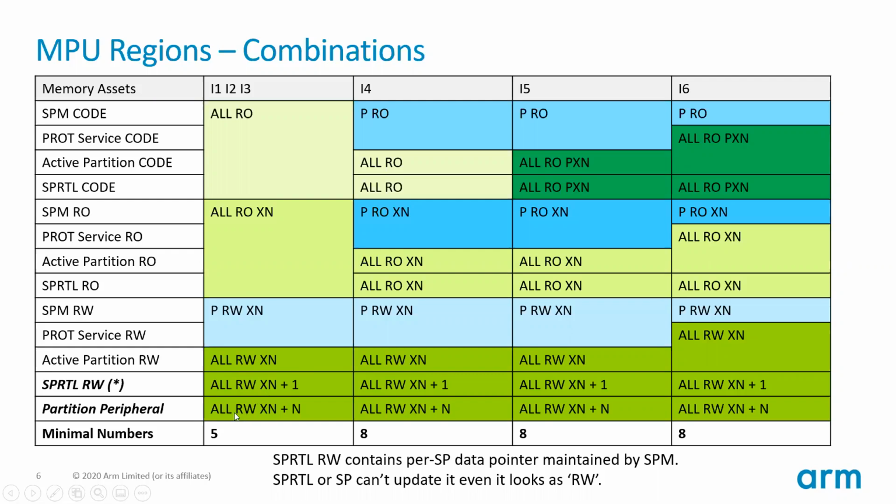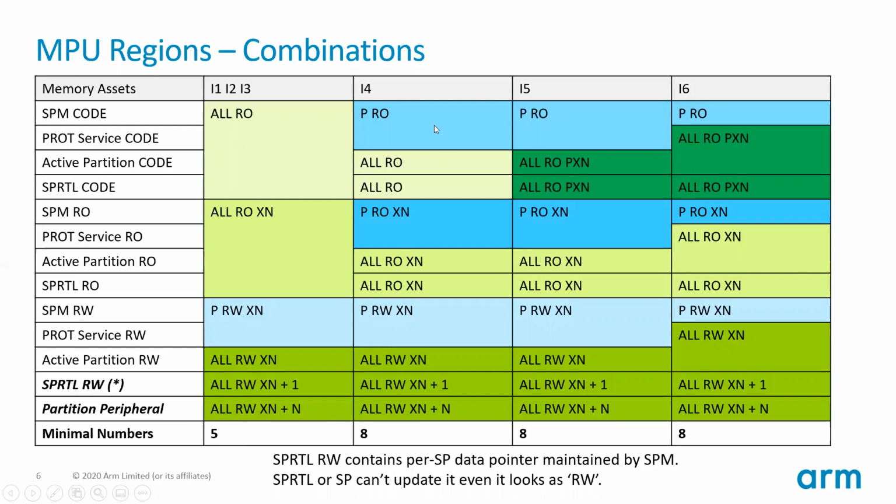So if one partition does not have any peripheral devices, the minimum number for the implementation to comply with rules I1 to I3 is 5. So at least we need 5 regions. If we need a peripheral, then each peripheral's memory-mapped registers need one more region.